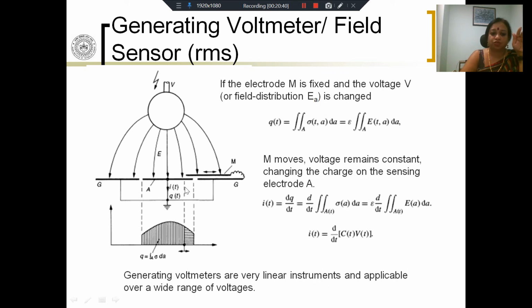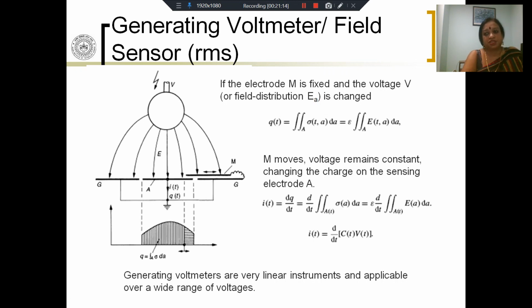If the flux lines do not cut A but are intercepted by M, they will not cause a charge on A. So there will be a change in the amount of charge Q on A, and that will again result in a current. I(t) in this case will be equal to dQ/dt, which is d/dt of the integral of sigma dA, which is equal to epsilon d/dt of the integral of E dA. I(t) is therefore equal to d/dt of C(t)V(t). So the current is a measure of the change in voltage or the capacitance.